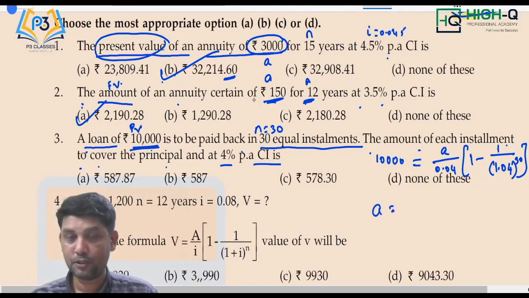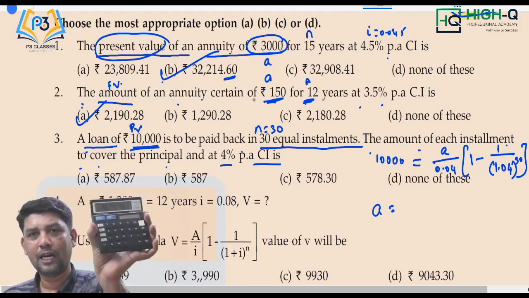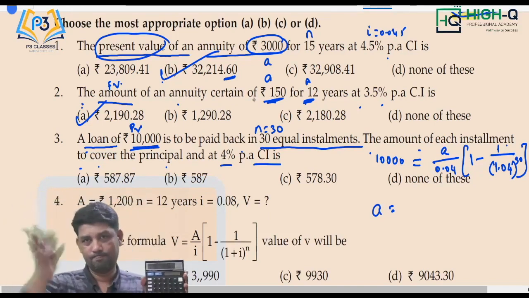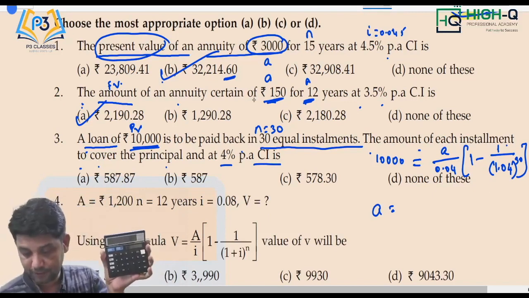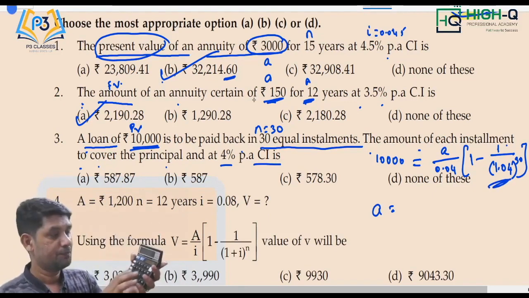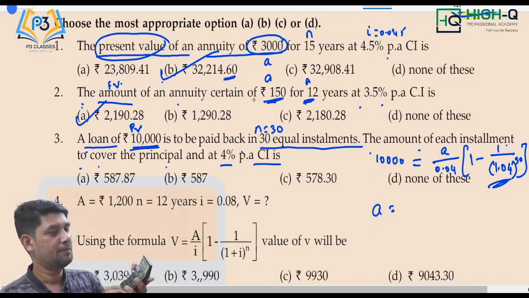See how I approach this sum. In one line, we are going to write the answer. We don't use many lines. Use the calculator. First, I'm starting from 1.04 whole power 30 into equal to. I'm just looking at that number.